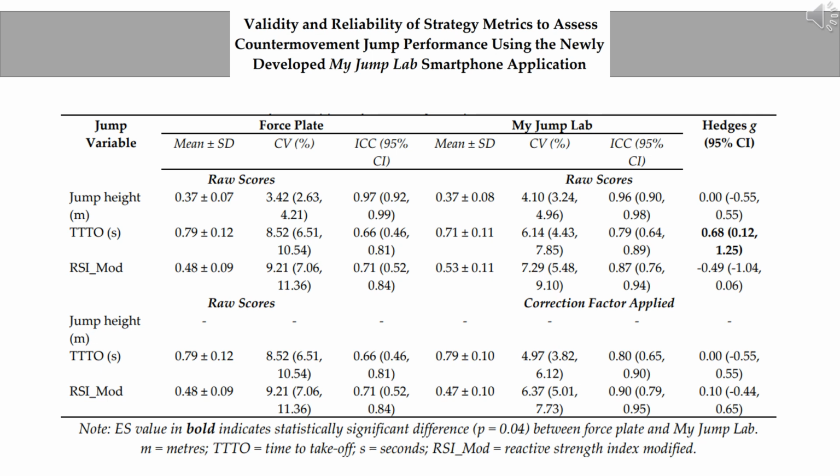And that enables us to not just get the outcome measure of how high an athlete jumps, but it also gives us a little bit of an understanding of their strategy by looking at contraction time and modified RSI as well. So if you don't have a force plate, if you've got a very, very limited budget, we've now validated strategy-based metrics so that you can get more in-depth information from the counter movement jump.